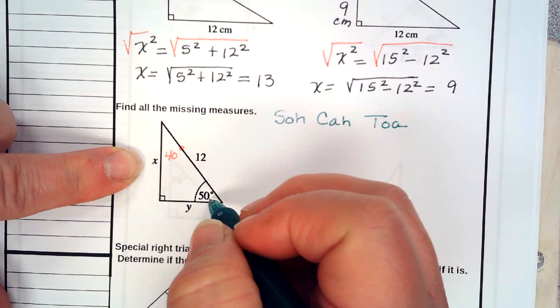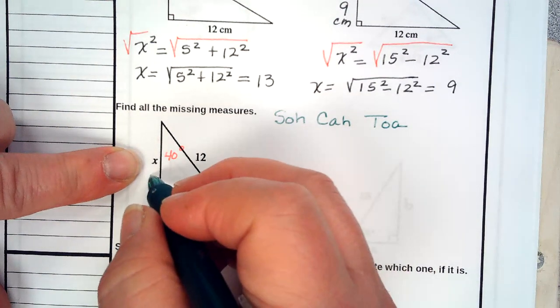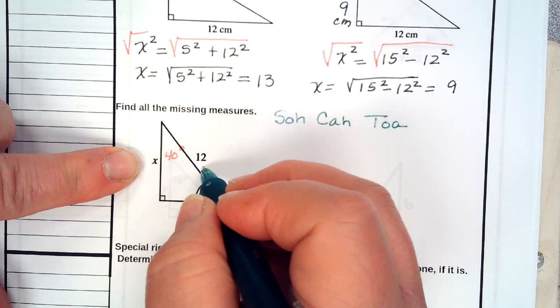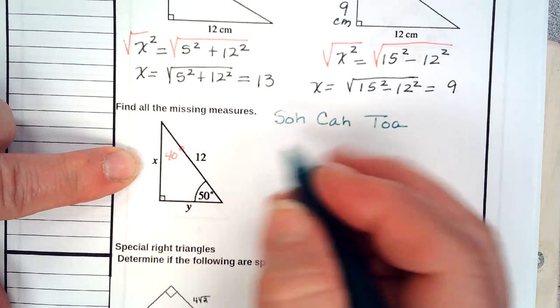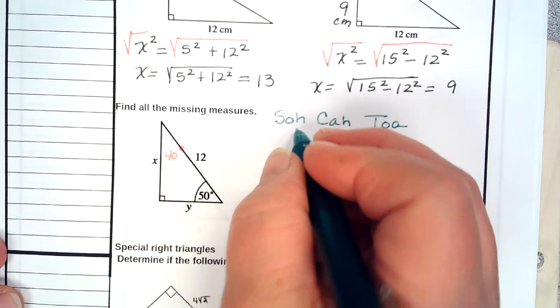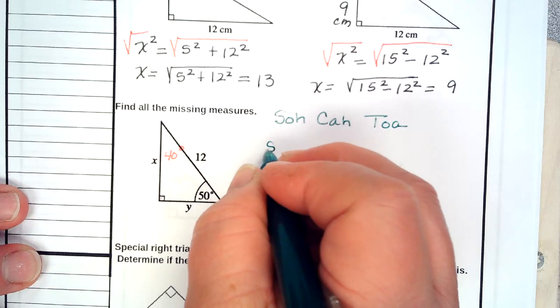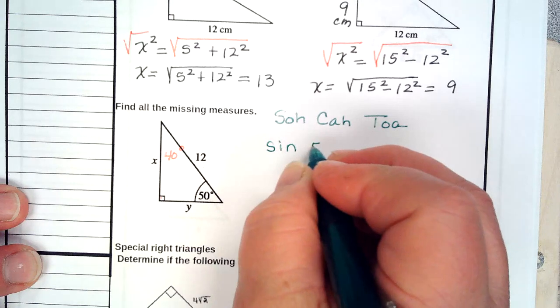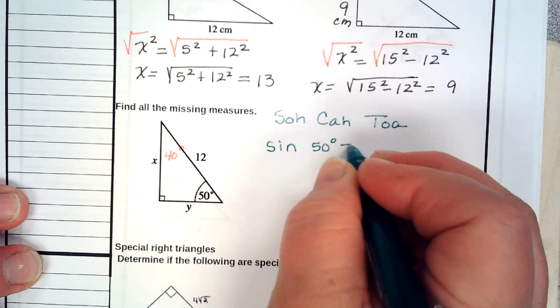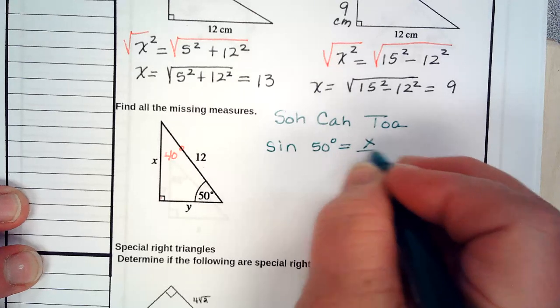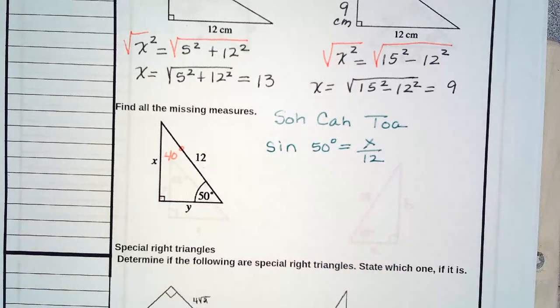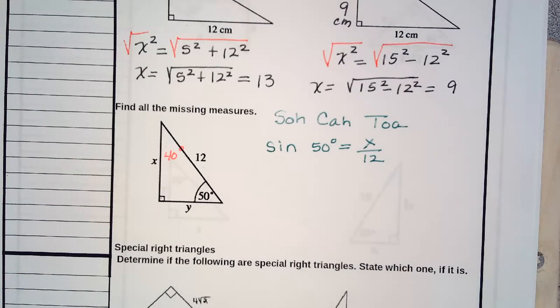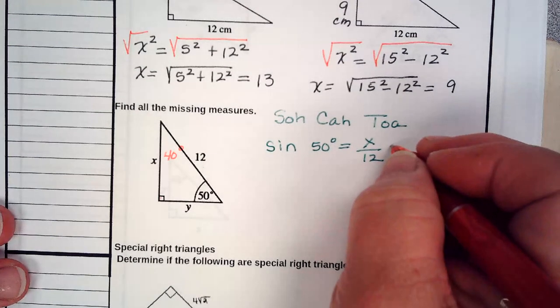If I use 50, this would be opposite over hypotenuse. That would be sine. So the sine of 50 degrees is equal to x divided by 12. I've divided by 12. How do I undo dividing by 12? Multiplying by 12.